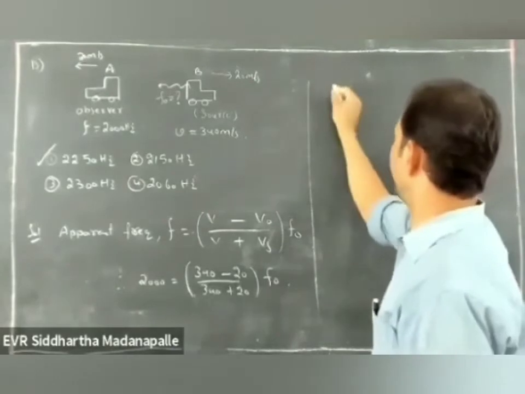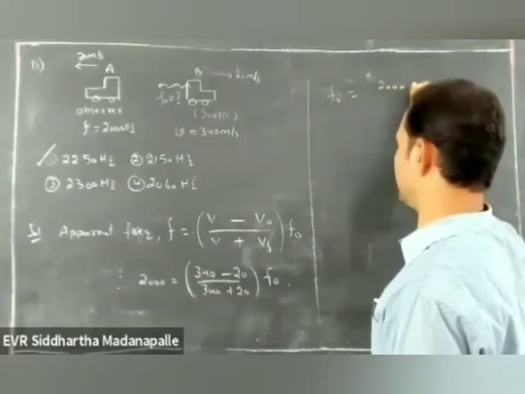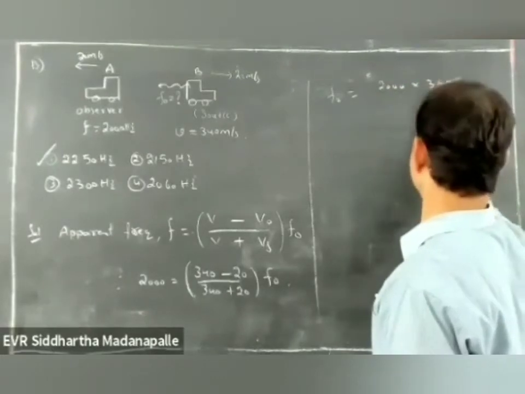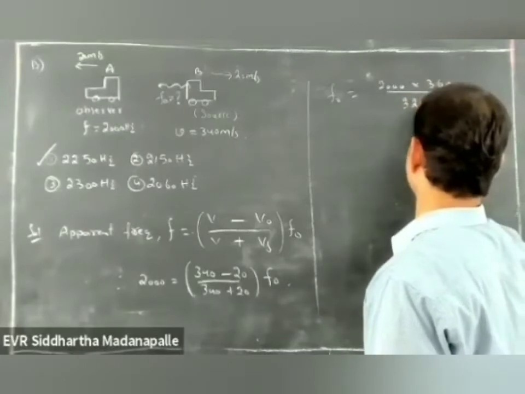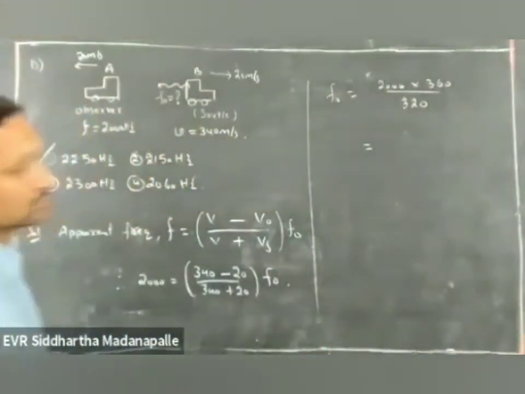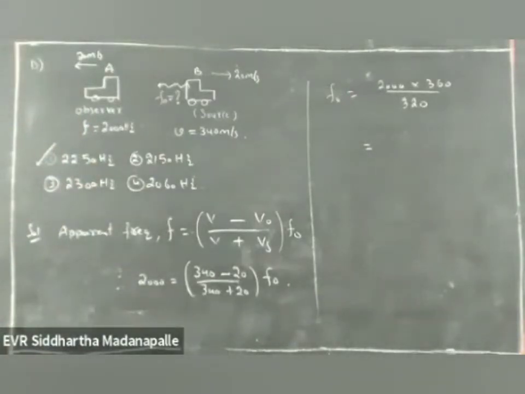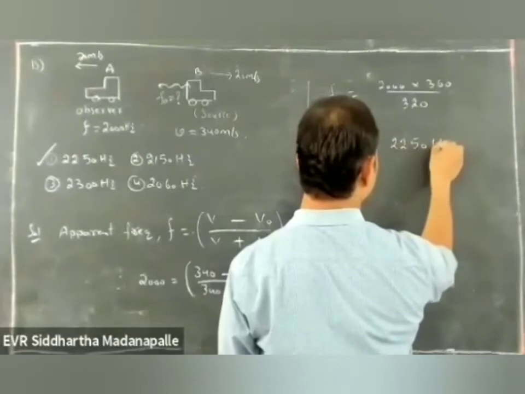So F naught is equal to 2000 into 360 by 340 minus 20, that is 320. So calculate and you get the answer: 2250.